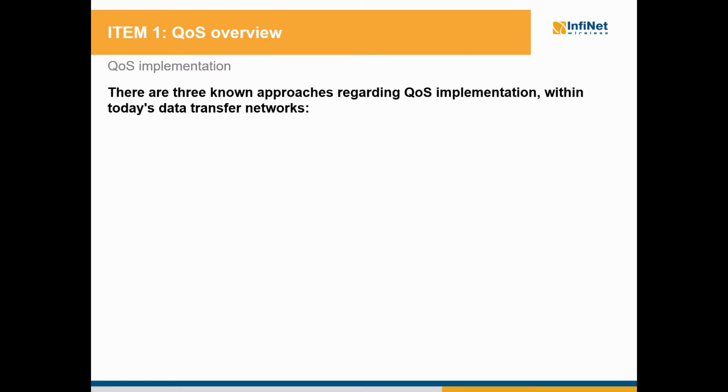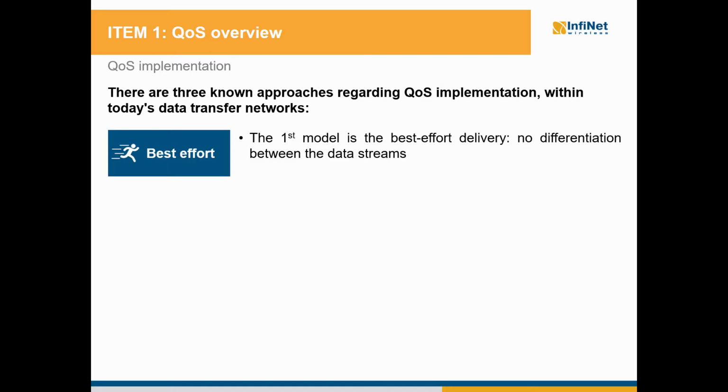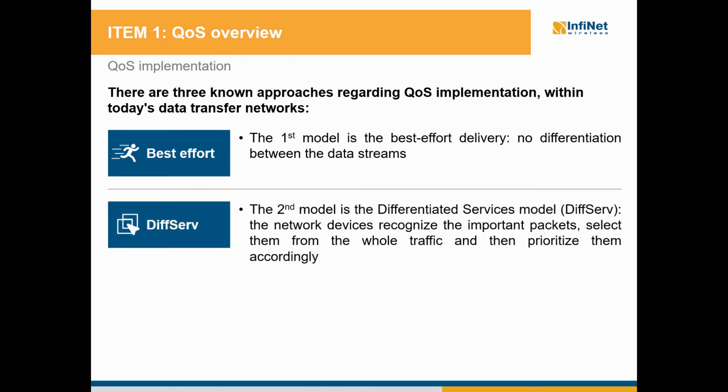There are 3 known approaches regarding QoS implementation within today's data transfer networks. The first model is the best effort delivery, where there's no differentiation between the data streams, for example, the internet traffic. The second model is the differentiated services model, or diffserv, which works as follows.